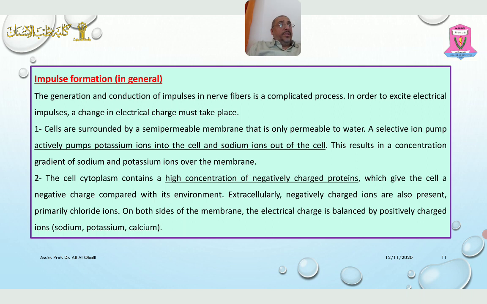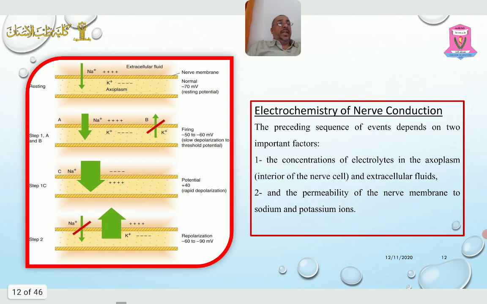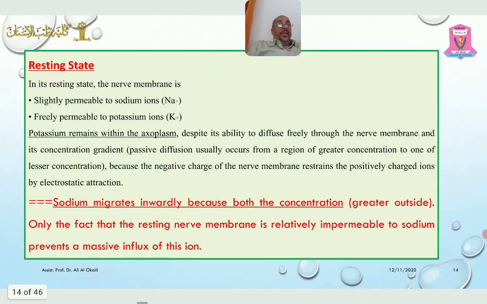The cytoplasm of the cell is negatively charged بسبب وجود البروتينات الموجودة فيه. الريستنج ستيت، حنرجع نتكلم عن الوضع الطبيعي للخلية أو للنيرف فايبر.